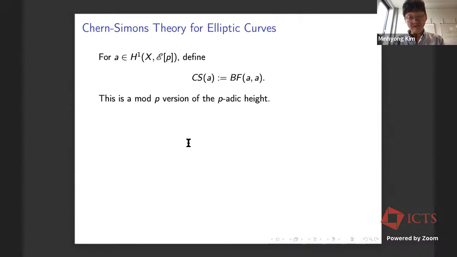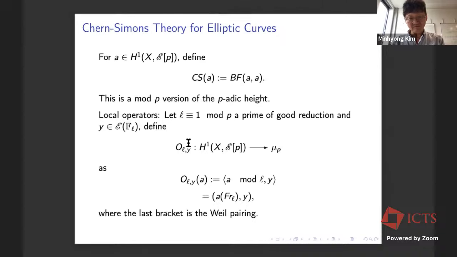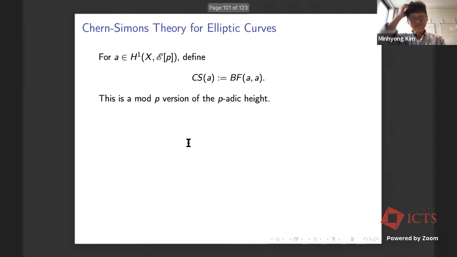Well, what do I mean by that? What I mean is, you can do this p-adically, rather than mod p. And you use for the Bockstein operator something coming from Iwasawa theory, an exact sequence coming from Iwasawa theory.